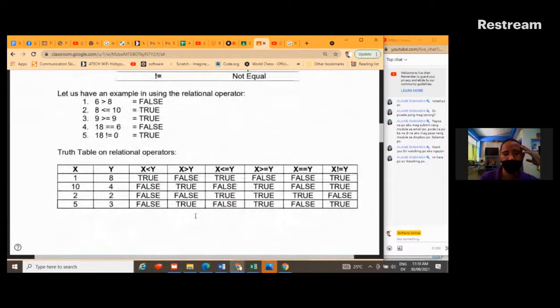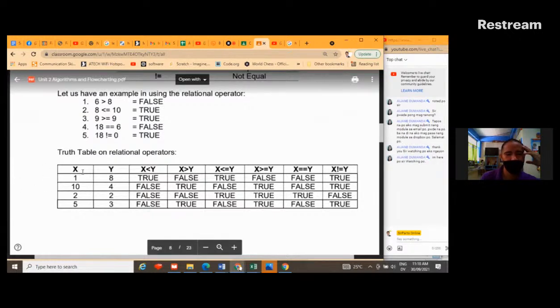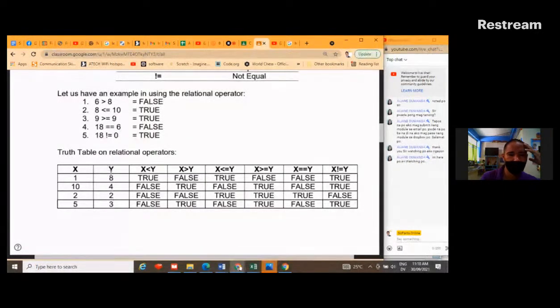So we have a summary, a truth table with some values on relational operators, with sample values.